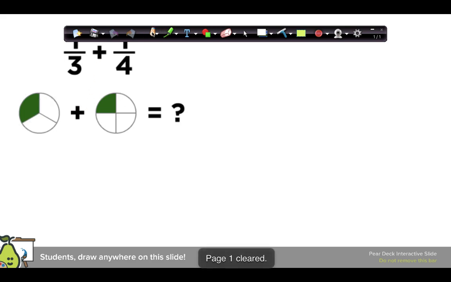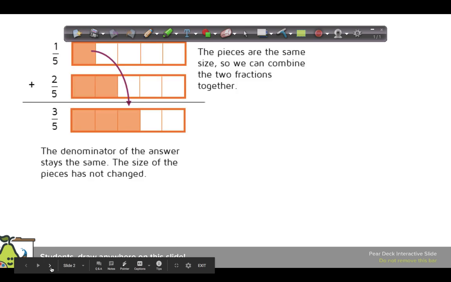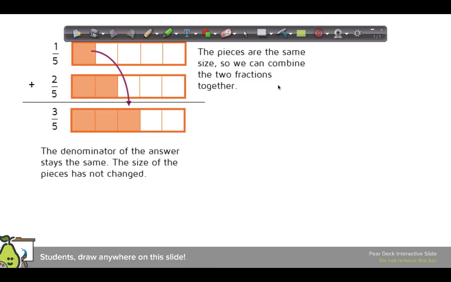So first, we actually started with adding or subtracting fractions that have the same size. One thing we pointed out here was that this one square is the same size as this square.